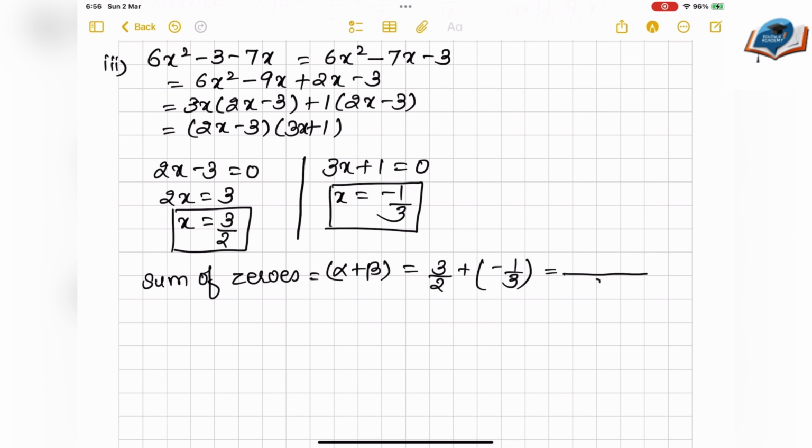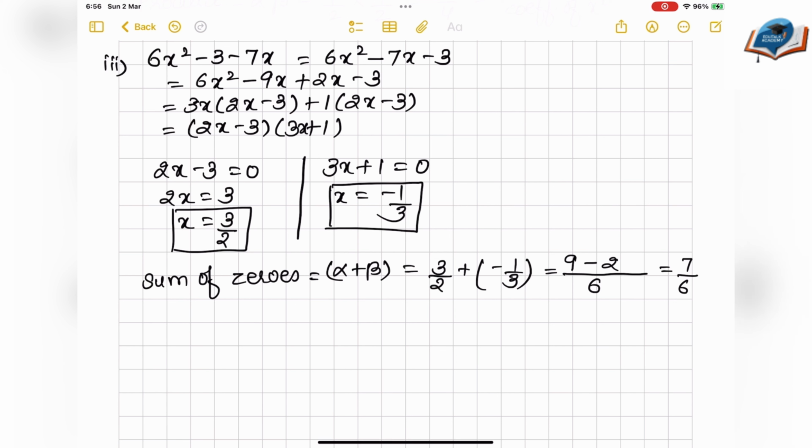So if I do LCM 6, so 3 twos are 6, 3 threes are 9, plus into minus, minus 2 threes are 6, so 2 ones are 2, so 7 by 6.